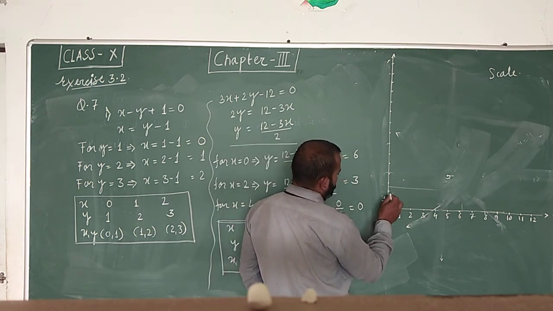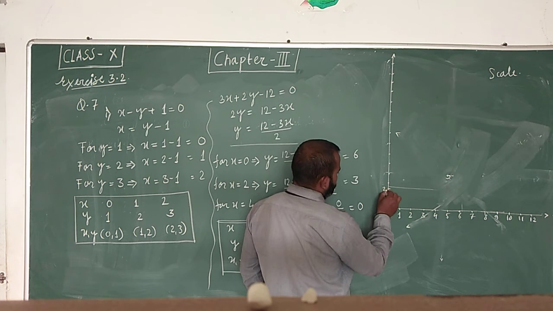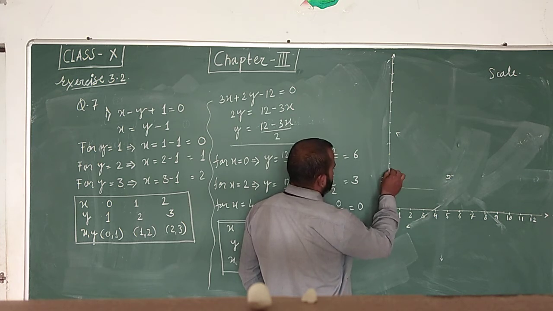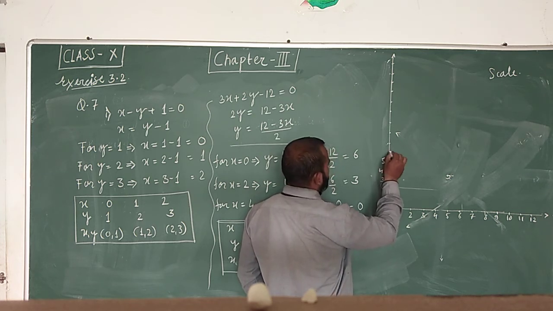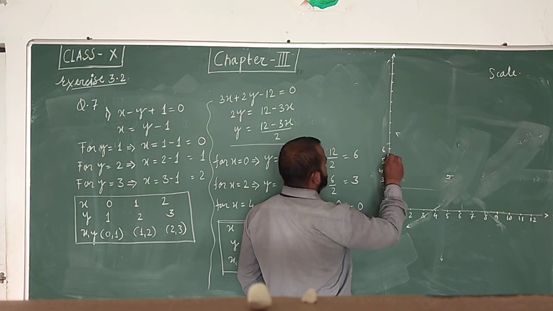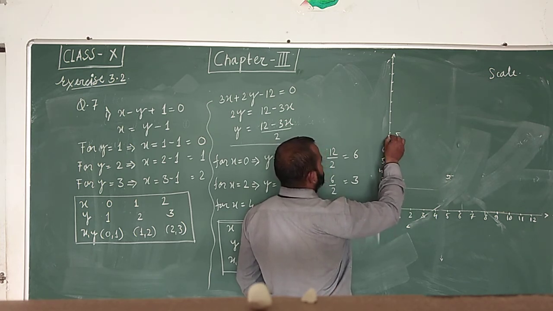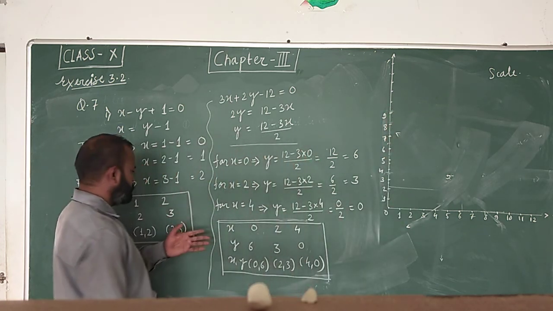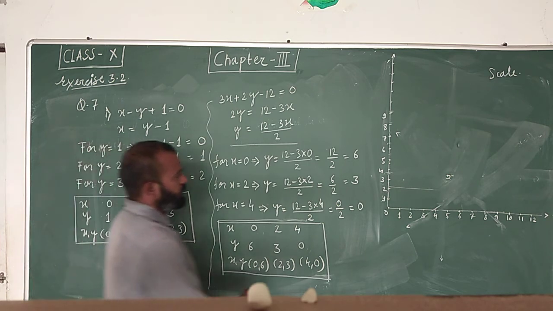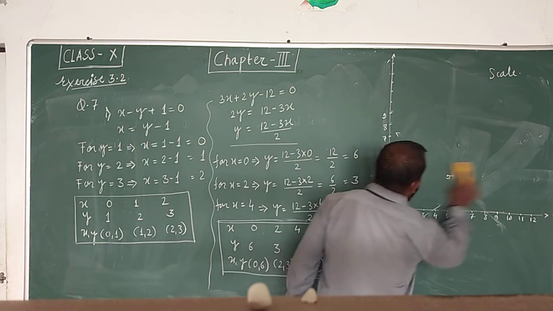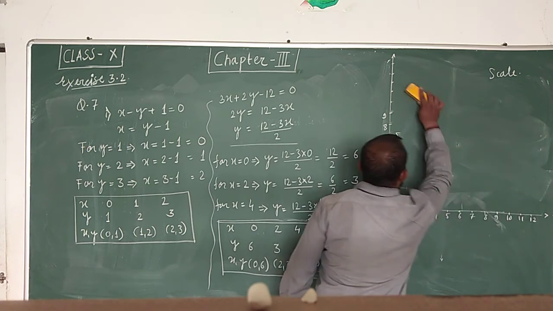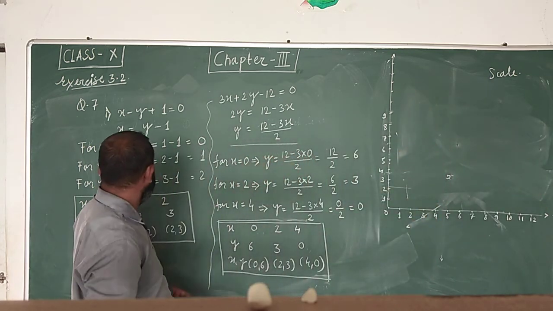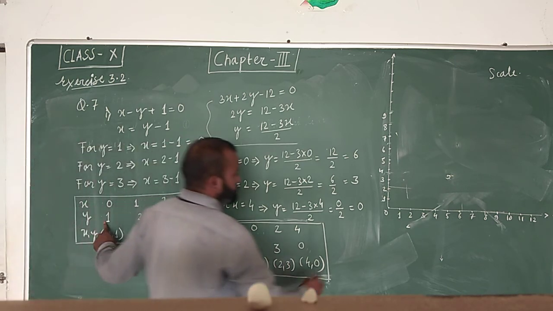So next, here 1, 2, 3, 4, 5, 6, 7, 8, 9. I think that's enough. No more numbers needed. So what is our first point? First point is (0, 1).